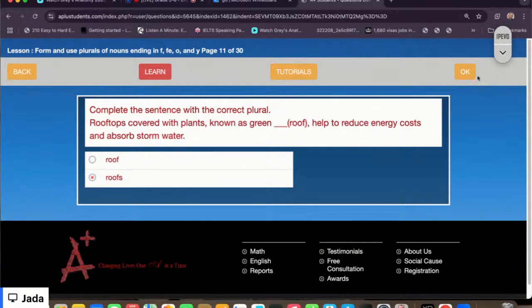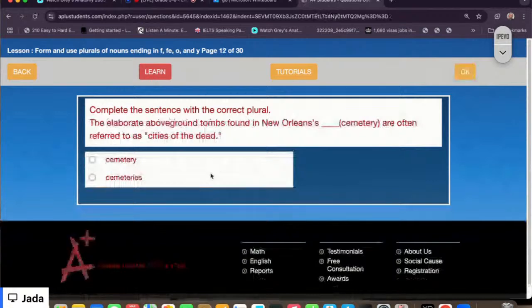Okay, okay. So the elaborate above ground tombs found in New Orleans Cemetery are often referred to as City of the Dead. So what is this one here? Cemeteries.